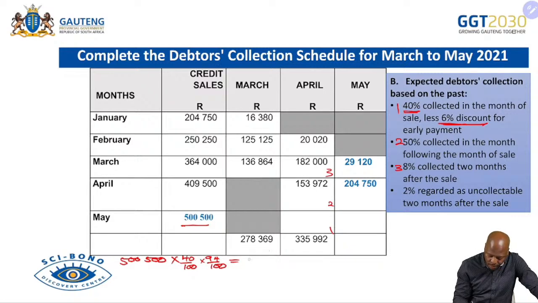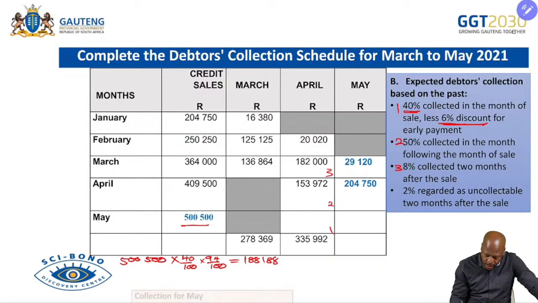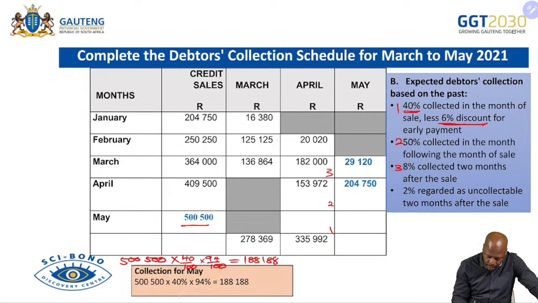That should give you 188,188. All right. And then if you should see it, there it is. And then I would come here and say 188, 188. Then I can add up now my figures, which is my 1, 2, 3.